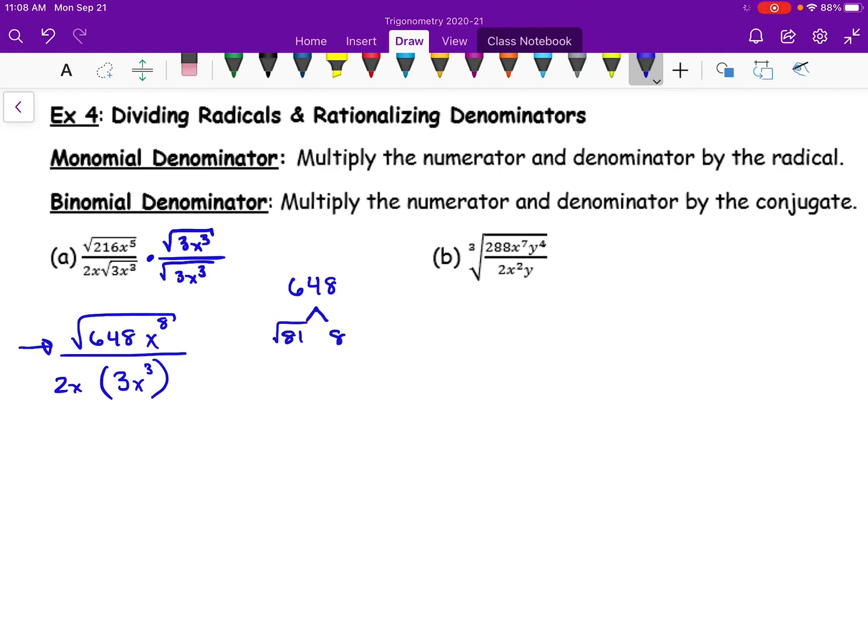So that's a perfect square, so I can leave that, and then 8 is 4 and 2. So this is nice. 648 is really 81 times 4 times 2.